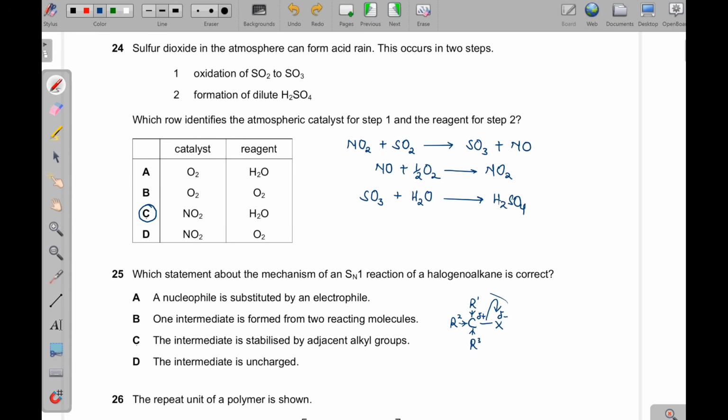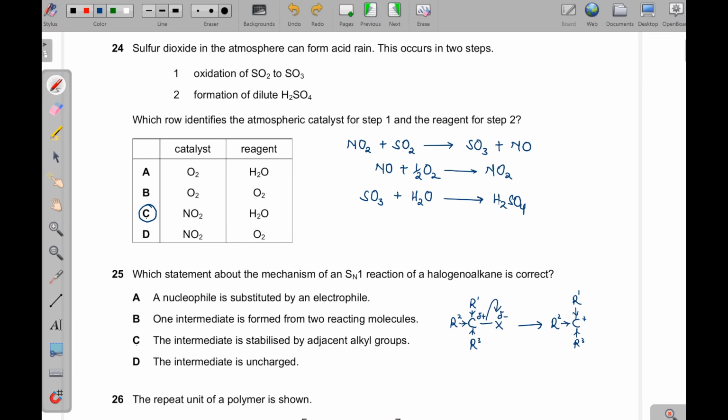One species is involved in the rate determining step, the formation of the carbocation. So we shall have R2 here, R1 and R3 here. They are all donating electrons towards this carbon, so they try to stabilize it.